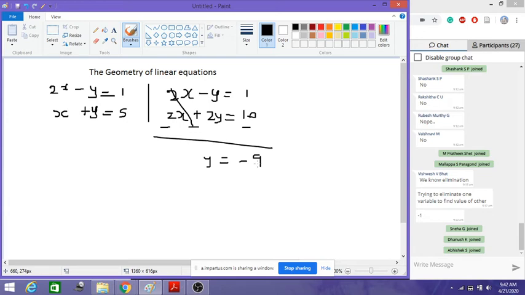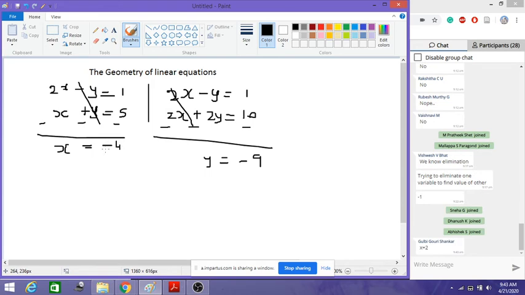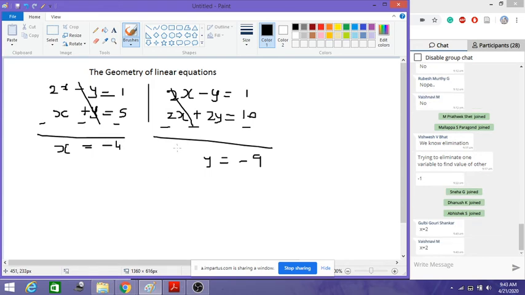x plus y is equal to 5. Can anybody tell me what is the answer for x and y for this case? Because here it's telling the point is 2 and 3. If you just go with this method and subtract, we get x equals minus 4. x equal to 2.